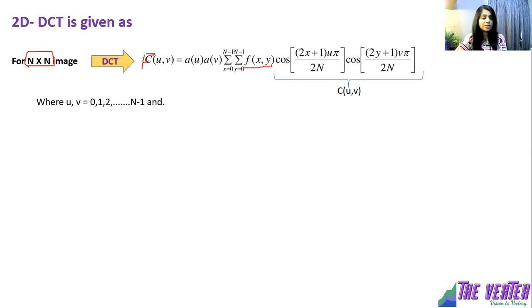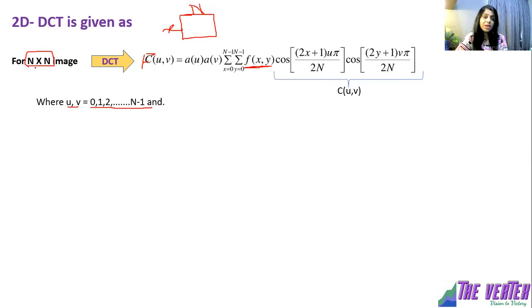What is f of x comma y? This f of x comma y is nothing but the image, this n by n image, times cos of (2x plus 1) u pi divided by 2n, times cos of again (2y plus 1) v pi by 2n, wherein u and v both vary from 0 to n minus 1.